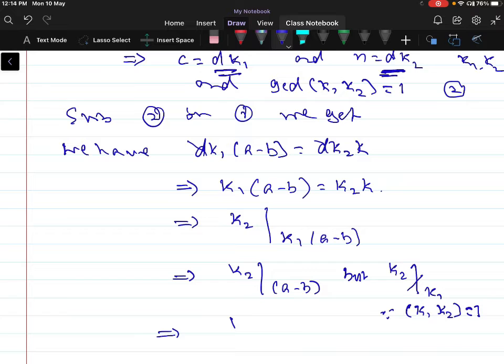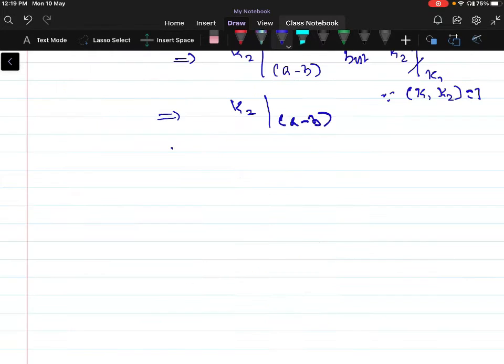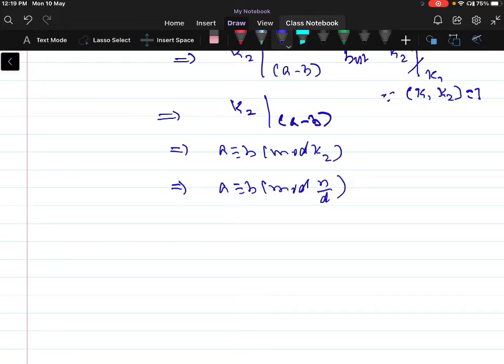So this implies K2 divides A minus B only. This implies A is congruent to B modulo K2. So this can be written as A is congruent to B modulo N by D, since N is equal to D into K2, this implies K2 is equal to N by D. So this is the proof of the theorem.